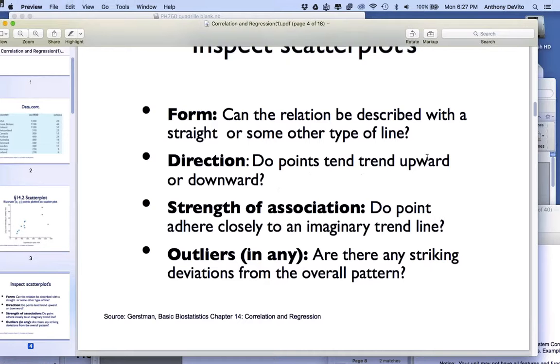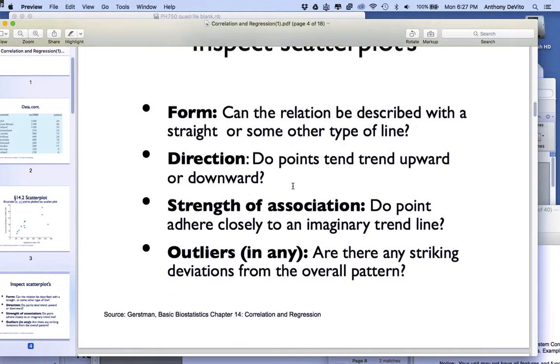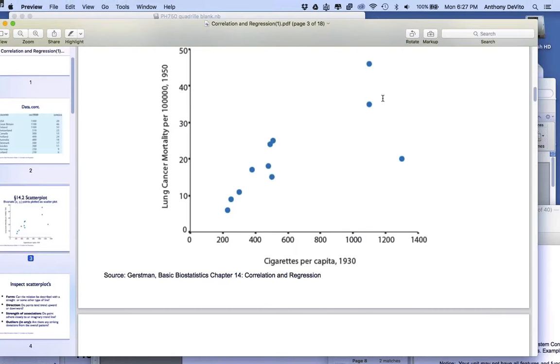Okay, so direction, does it tend to point upward or downward? Well, this one points upward, which would suggest that as you increase the exposure to cigarettes, you increase the risk of lung cancer, right? Or the rates of lung cancer. Now, we might have situations where things point downwards.